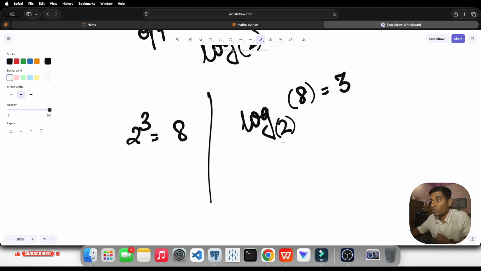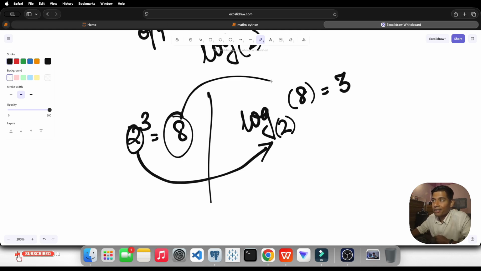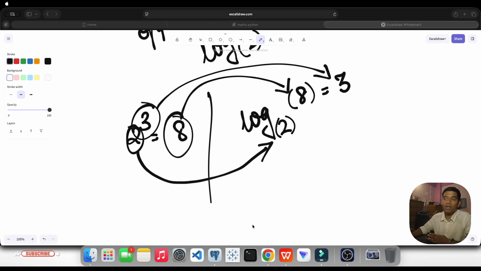Whatever the base is, you have to keep it on the downside of log. Whatever output you get, you write it here, and whatever the power is, you write it here. Simple as it is.